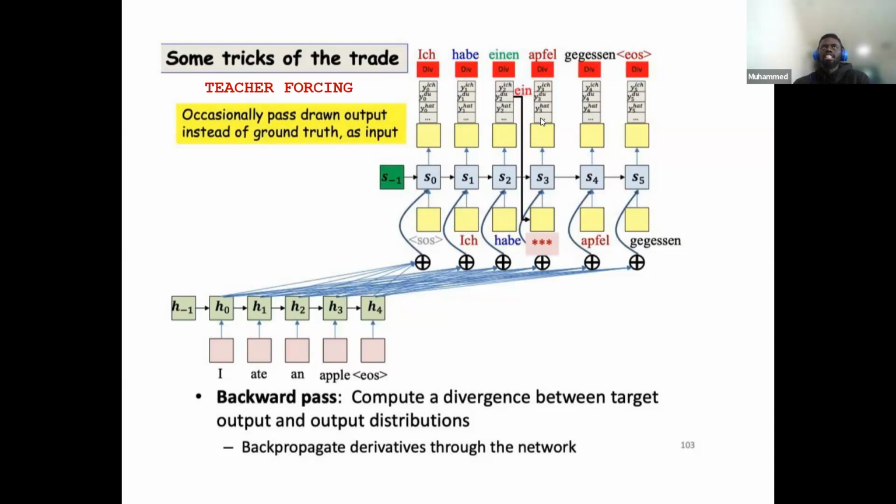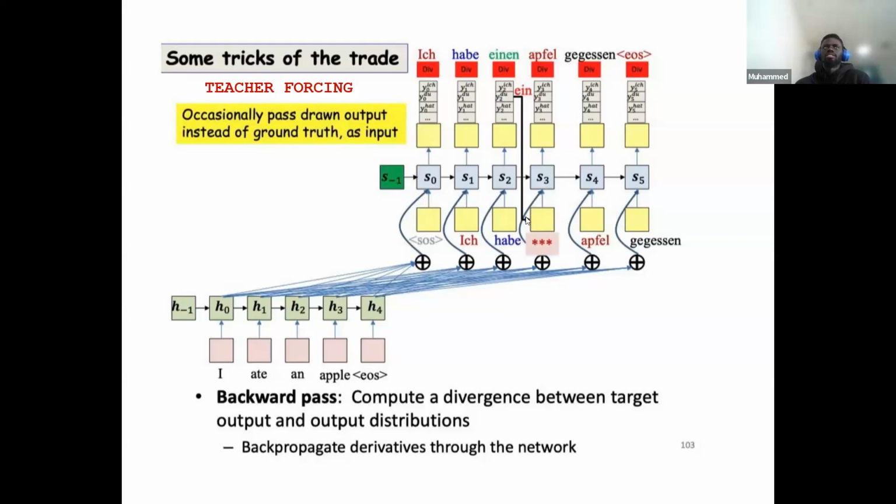But remember, the next time step needs that token to be able to continue the generation process. So now, if that token is wrong, it means the next time step will be relying on incorrect information. So we might end up just generating rubbish all throughout.